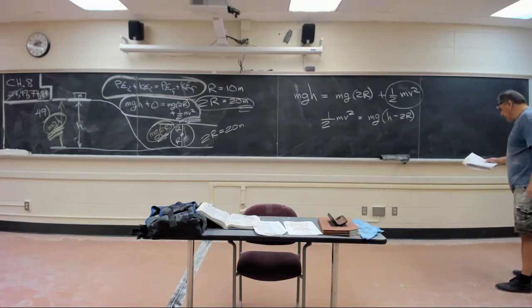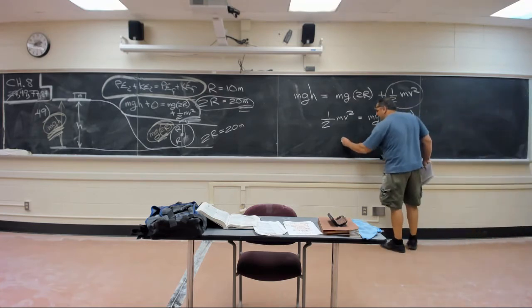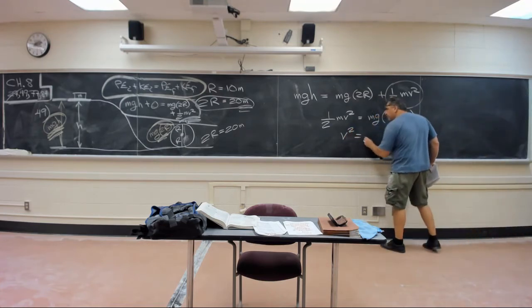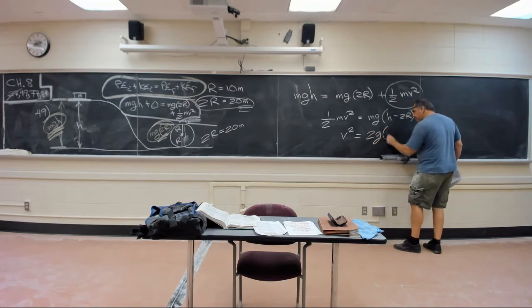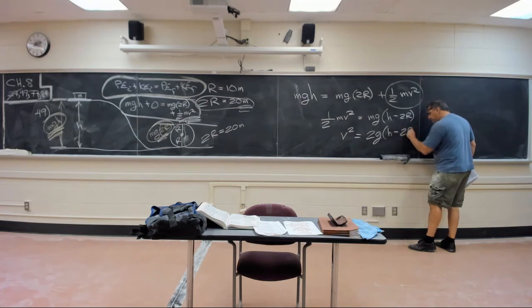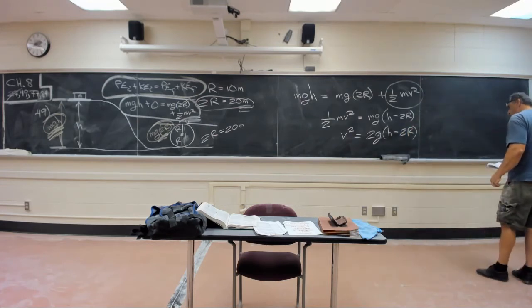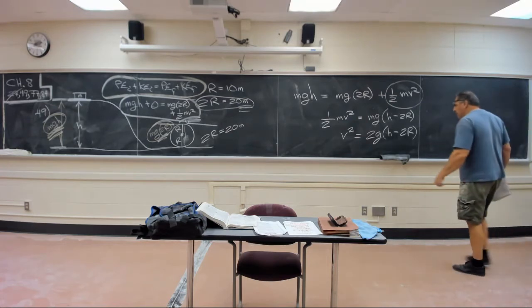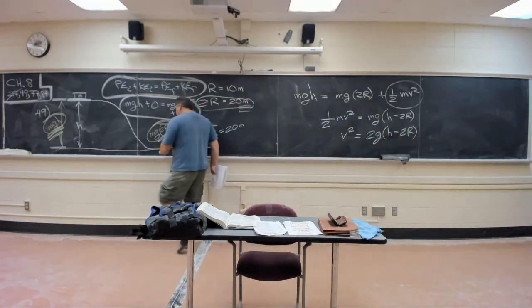Why don't you multiply by 2 and divide by m? Okay, sure, believable. We're not done, but it is believable.